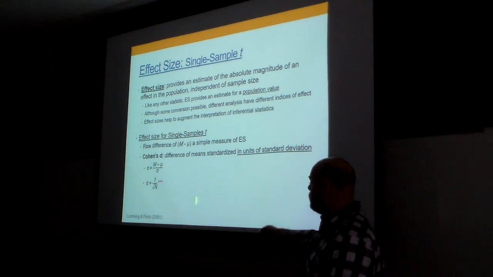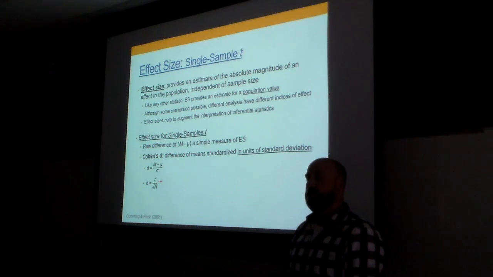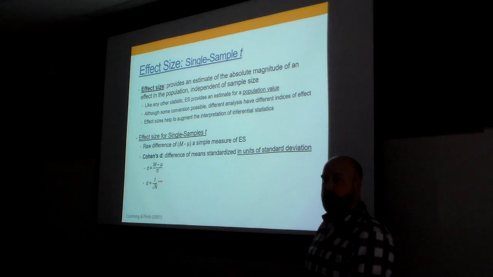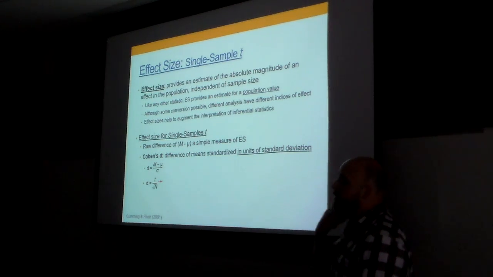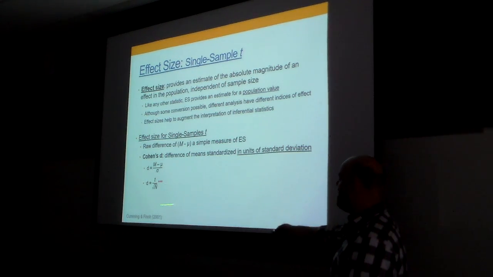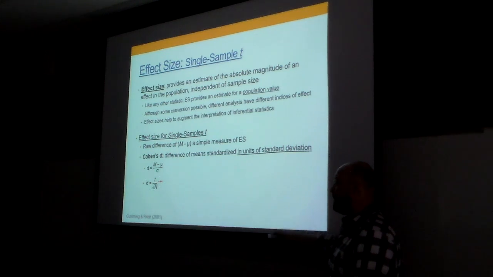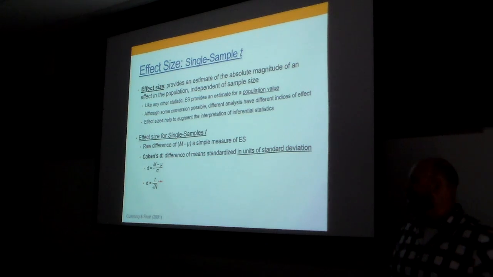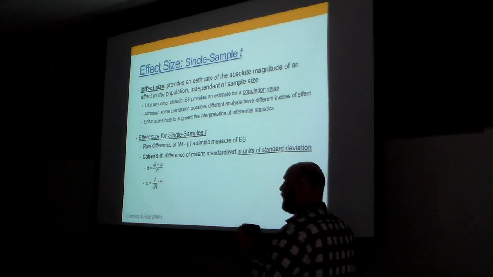It's because I don't want you to provide an estimate if you have the actual information available to you. If you have the mean and standard deviation, just calculate D directly, right? But Kate, where might this conversion come in handy? When we don't have that information. Yeah, and when might we not have that information?